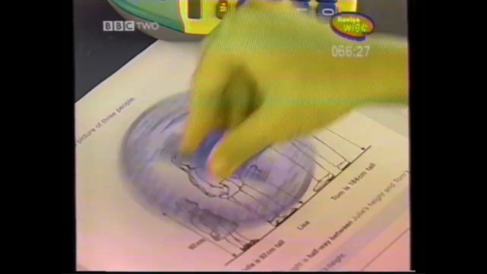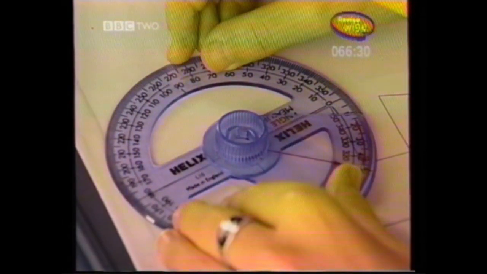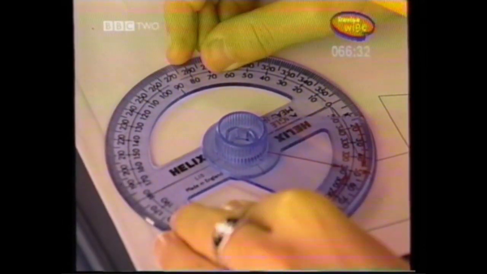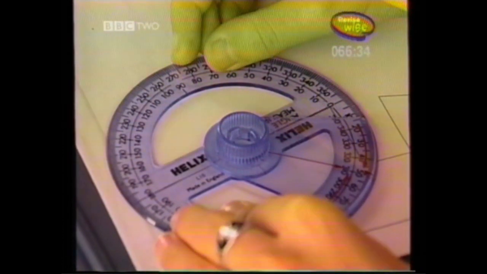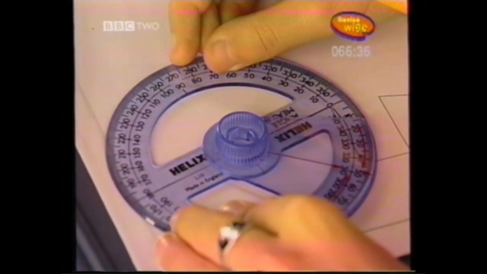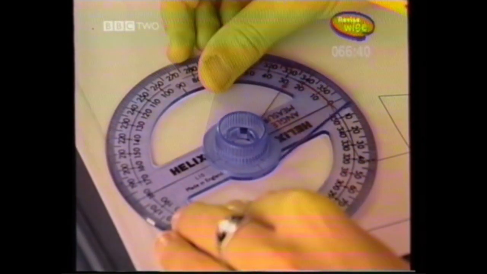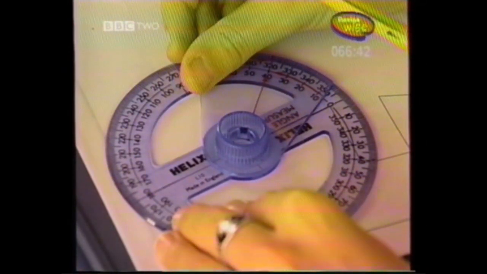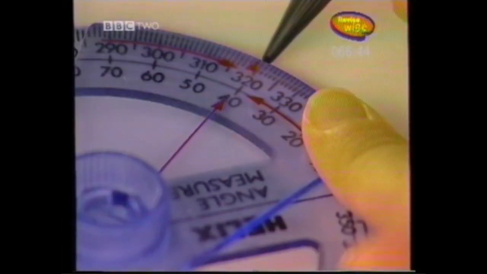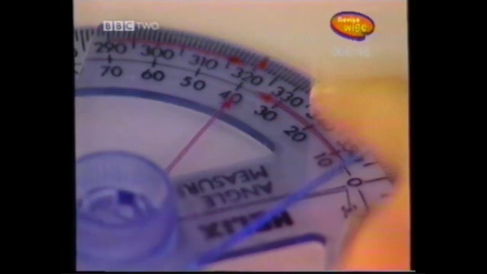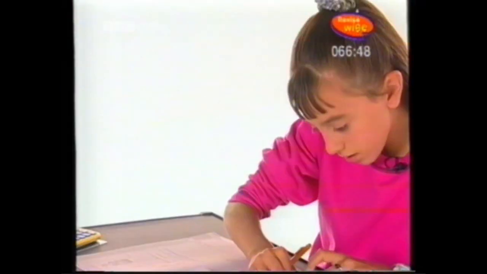And it's telling me to use my angle measurer. So here we go. I put the centre hole of the angle measurer over the end of the line, line up the 0, then I turn the red line to 40 degrees and make a mark. Then I do the same on the other side.